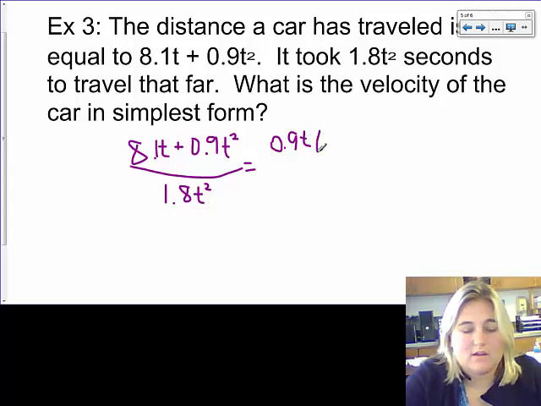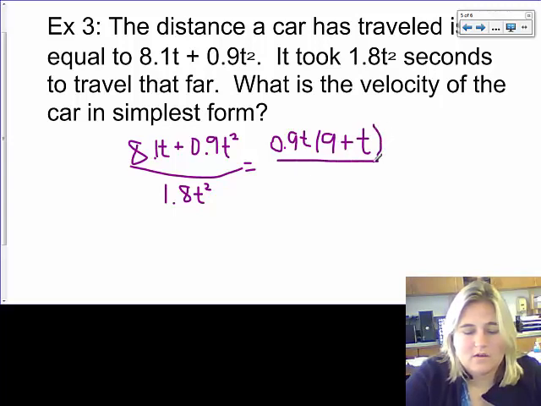When I do that, I'm going to be left with 9. The t came out, so it's over here now, plus 0.9 divided by 0.9 is going to give me 1, and t squared divided by t leaves me with t, over. On the bottom, I just have that 1.8t squared.